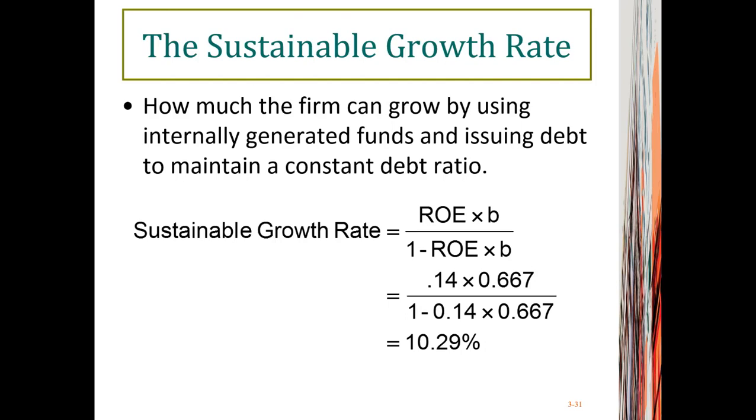You can find that debt ratio from the balance sheet. In this case, the sustainable growth rate equals ROE times retention ratio divided by 1 minus ROE times retention ratio. That will give you a 10.29% sustainable growth rate. The sustainable growth rate is higher than the internal growth rate because we have more investment that can be made through debt financing.